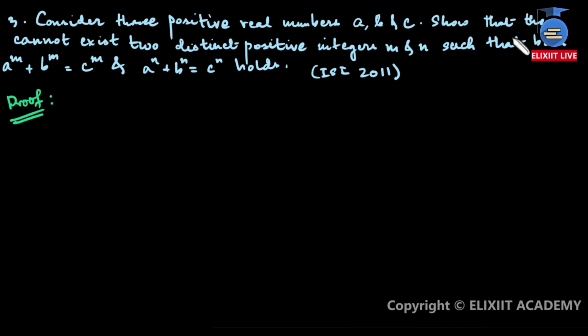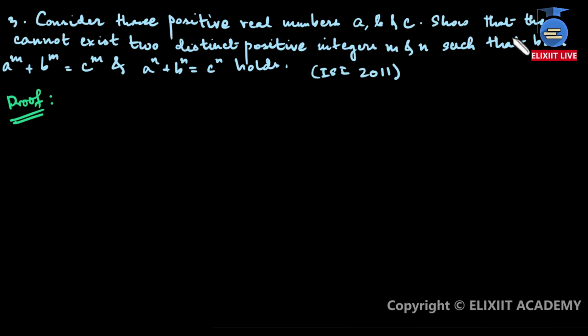So this method of contradiction, maybe you have done certain proofs based on it long time ago, but definitely here in ISI Entrance, most of the questions I have seen every year, there may be certain questions which can be solved by method of contradiction.